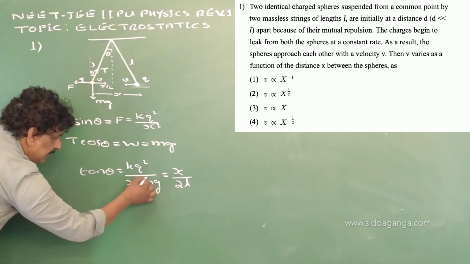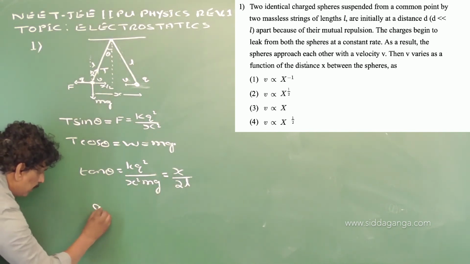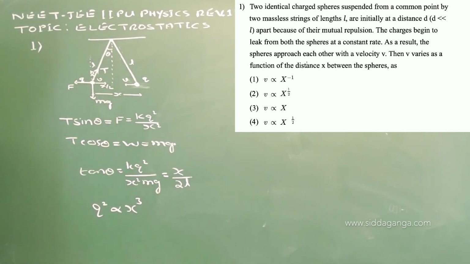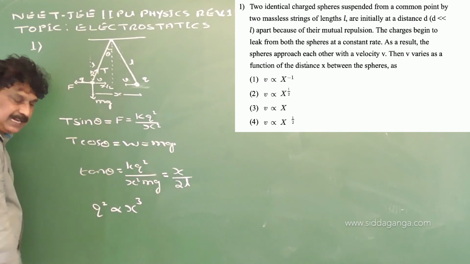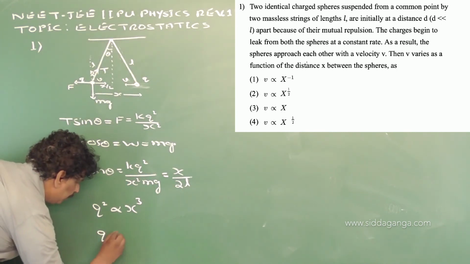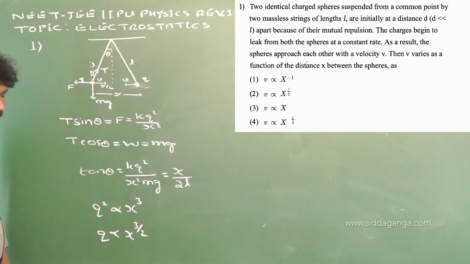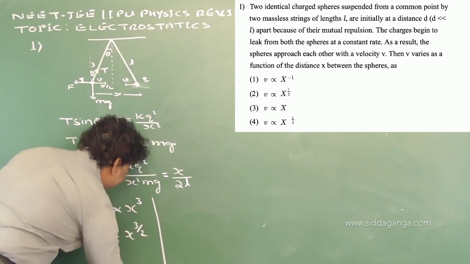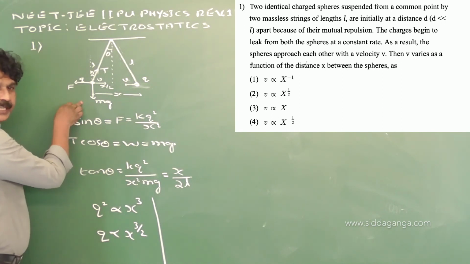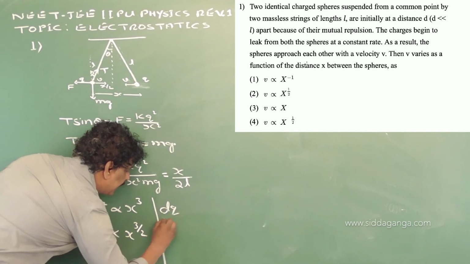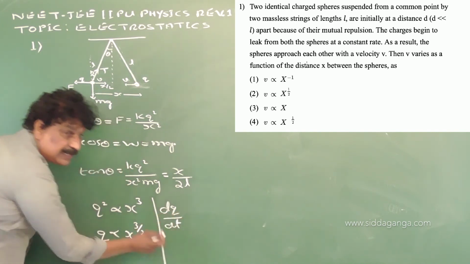Now considering these two, we have q square is directly proportional to x cube, because all other quantities remain constant, only q and x are changing. Or q is proportional to x to the power of 3 by 2.